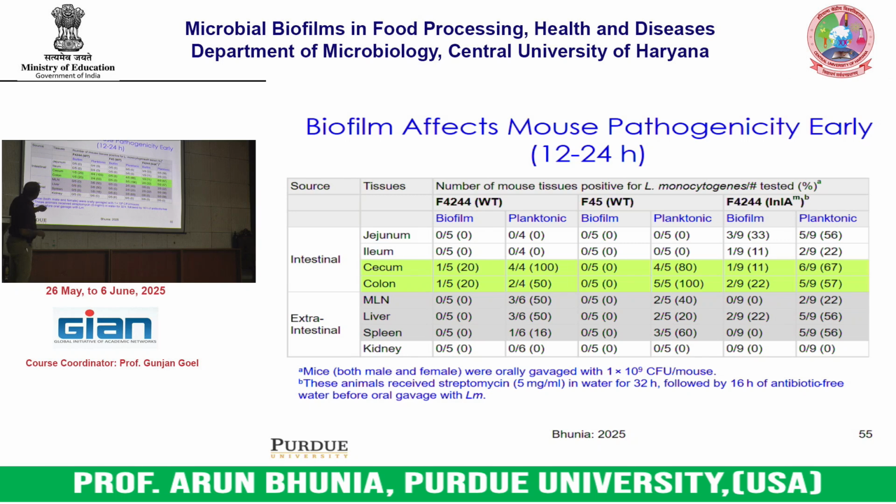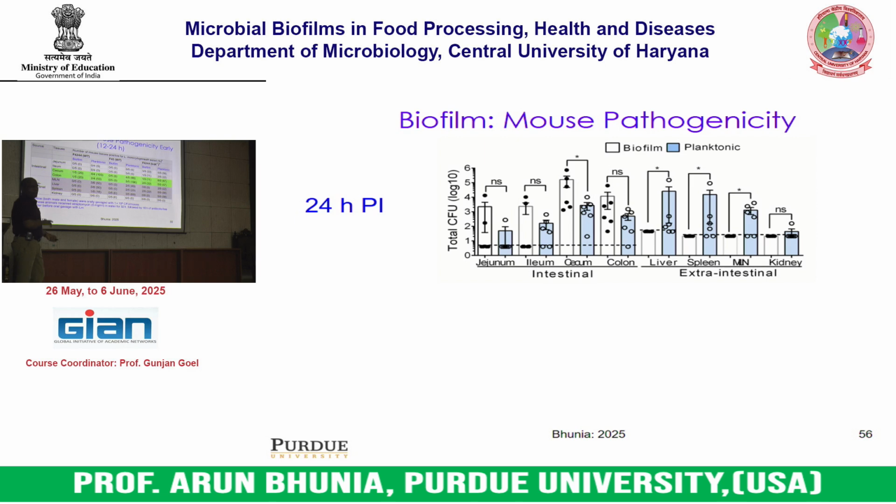But planktonic, you can see a higher number. You see this one? Because planktonic cells are active, they can spread very quickly within 12 hours. So up to 12 hours, biofilm cells, it looks like they are not doing anything, right? And these other strains we verified, exactly similar data.